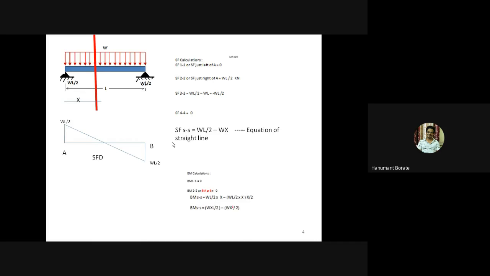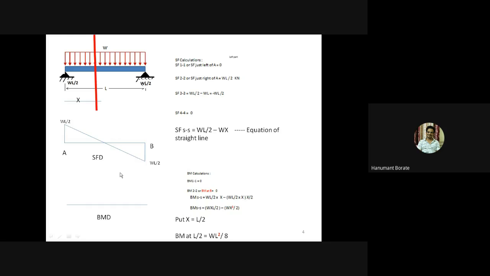Now we'll see the bending moment diagram. I have copied the bending moment calculation. To draw the bending moment diagram, the baseline is equal to the load diagram. Then we know that bending moment at point A equals 0, and bending moment at point B equals 0. So it is impossible to draw the bending moment diagram with only the A point and B point.